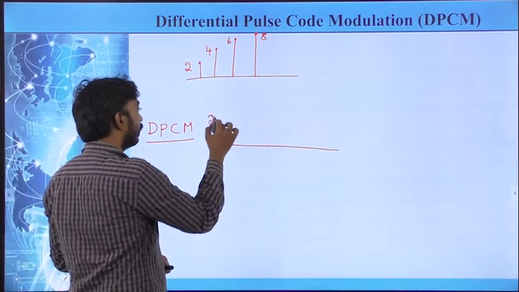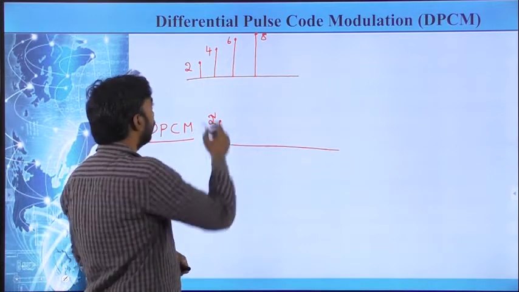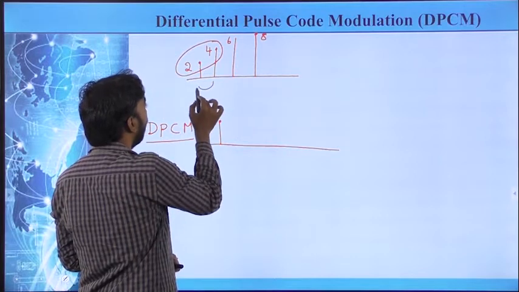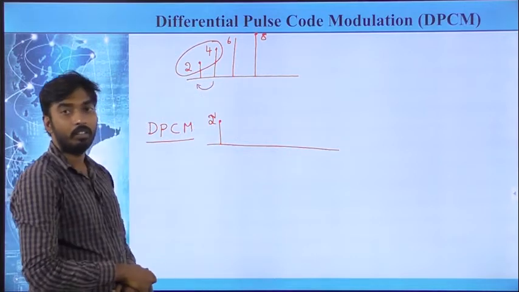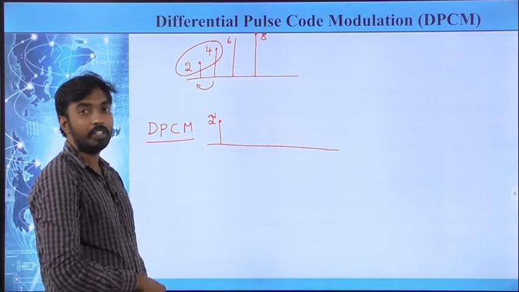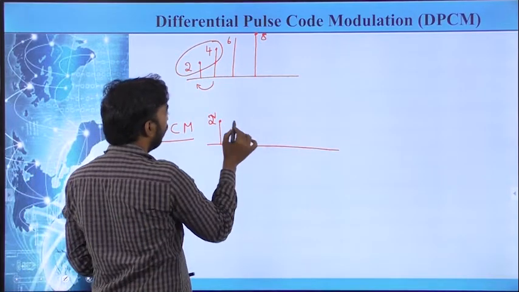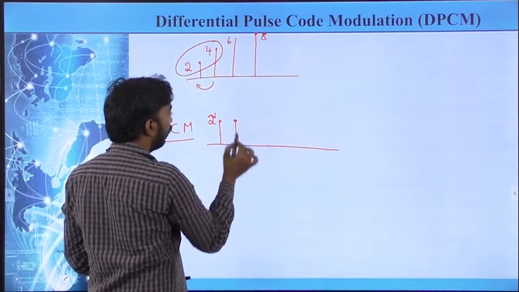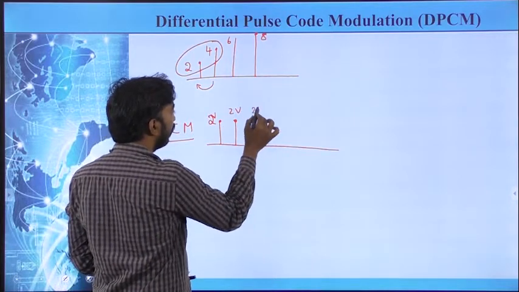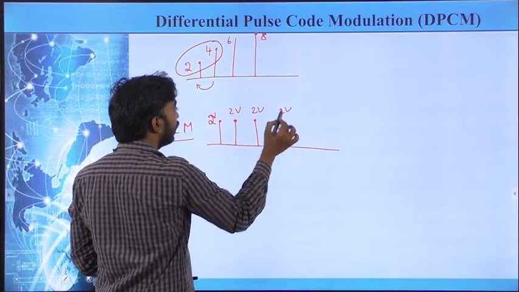For the second sample, what I am going to transmit is the difference between the present sample and the previous sample, right? So, what is the difference? 2 volts. Now, what is the difference? 2 volts. Now, what is the difference again? 2 volts. And this I am transmitting.